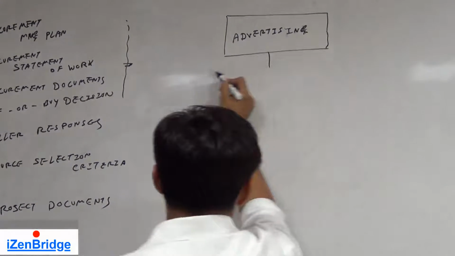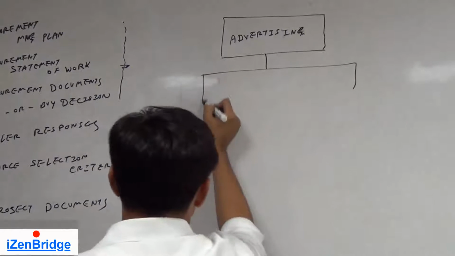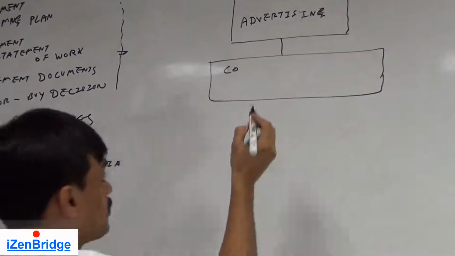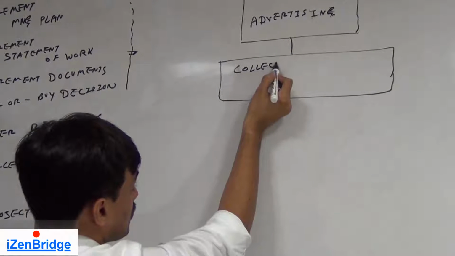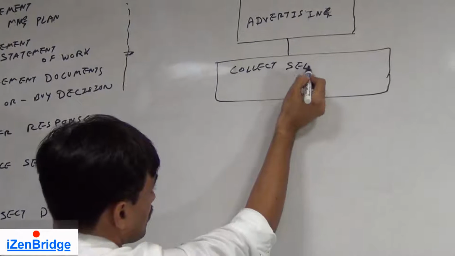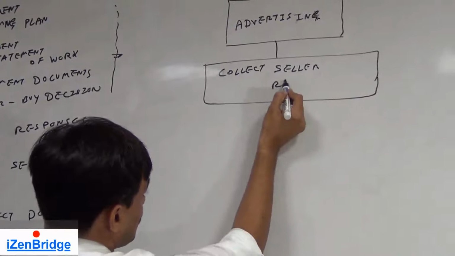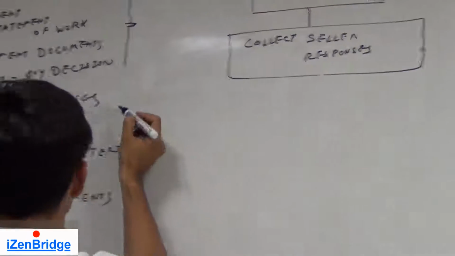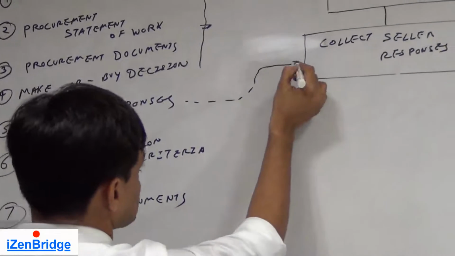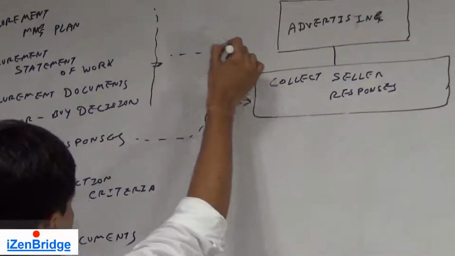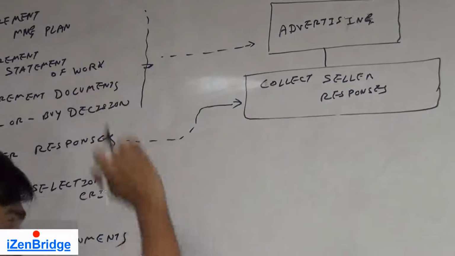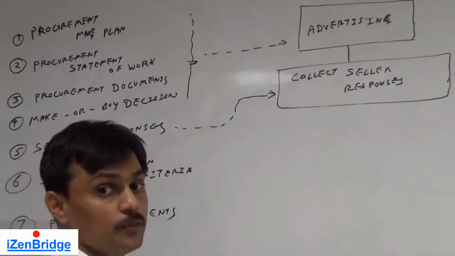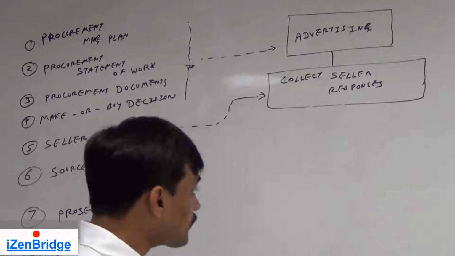Now in response to advertising, we expect a good number of sellers to respond. So what do we do next? We collect seller responses. Advertisement is happening on the basis of the project procurement management plan, statement of work, and procurement documents.